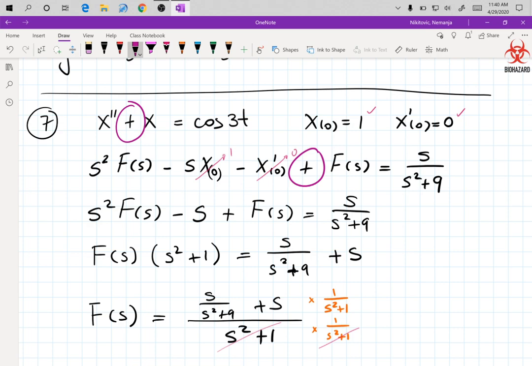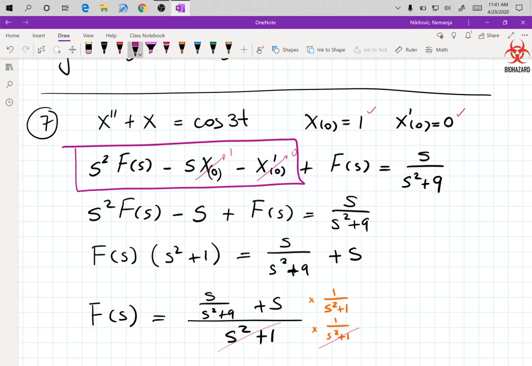And a transformation of x is just fs. The minus signs are for these when you do it. And when you are dealing with this, this is your x double prime plus x. Cool. So you have to follow the sign that it's given inside the problem.